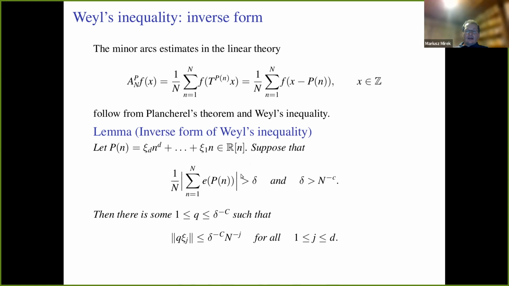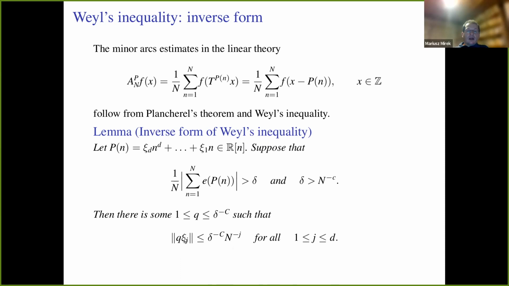So it says that if our normalized exponential sum is bigger than delta for certain delta, which is not too small in terms of the underlying scale, then there is a Q, an integer not too large in terms of delta, such that we have an inequality of this form.